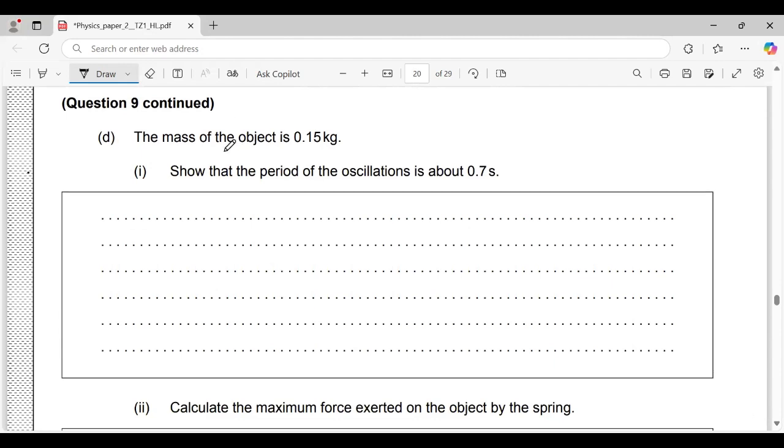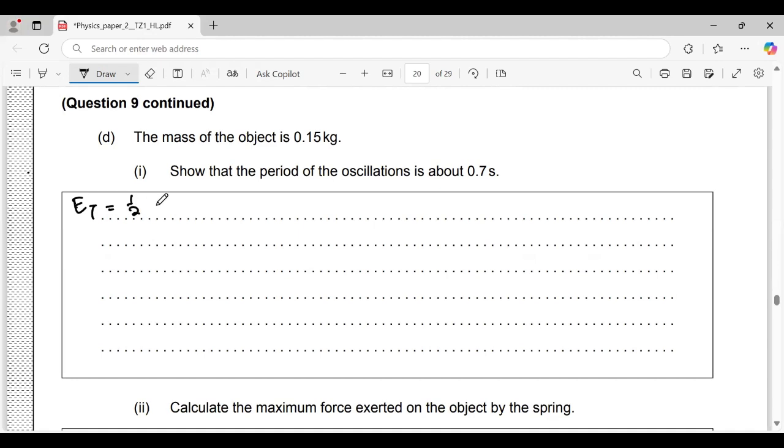The mass of the object is 0.15 kg. This is the mass. Show that the period of the oscillations is about 0.7 seconds. I would like to start with total energy.